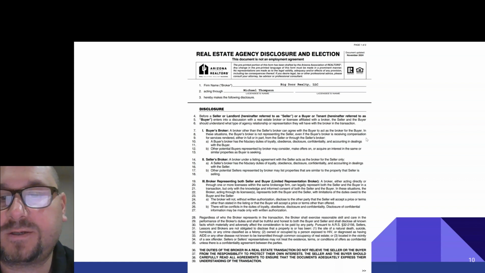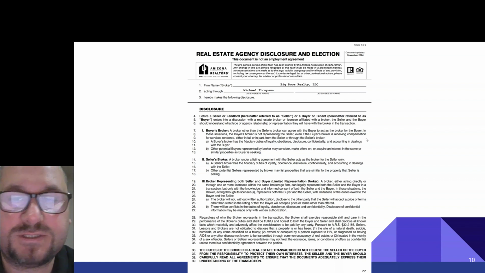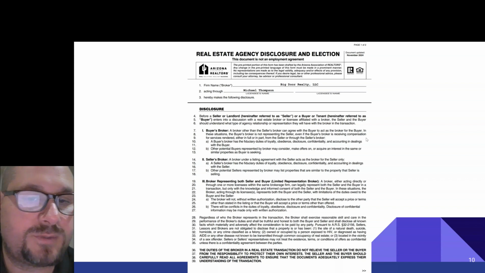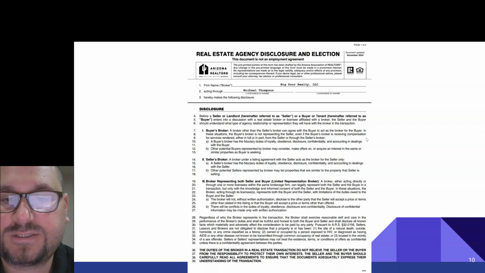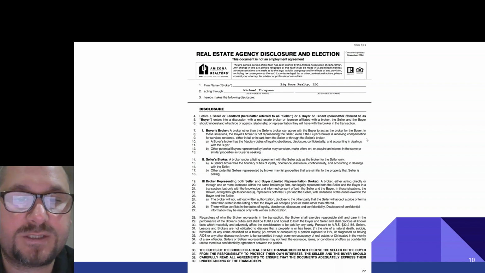In these situations, the broker, acting through its licensees, represents both the buyer and the seller, with limitation of the duties owed to the buyer and the seller.